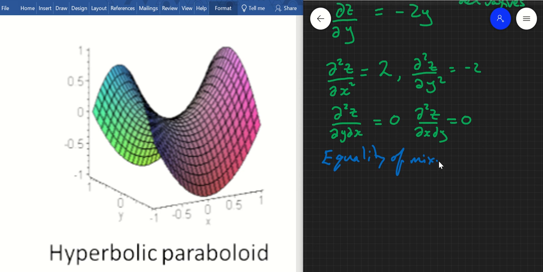So we call these mixed partials when we swap the variable that we're differentiating with respect to get the second derivative. So these are equal, doesn't matter on the function.